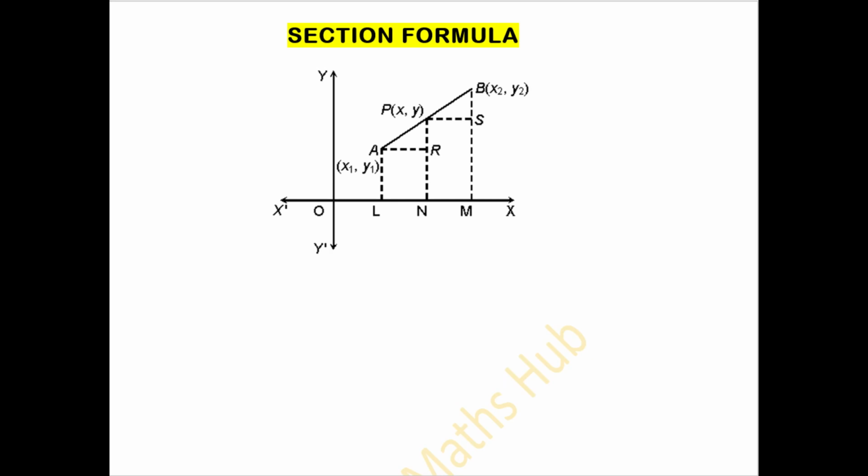In this video we will move to the next topic of the unit coordinate geometry, that is section formula. Now consider a line joined by the points A of x1, y1 and B of x2, y2.